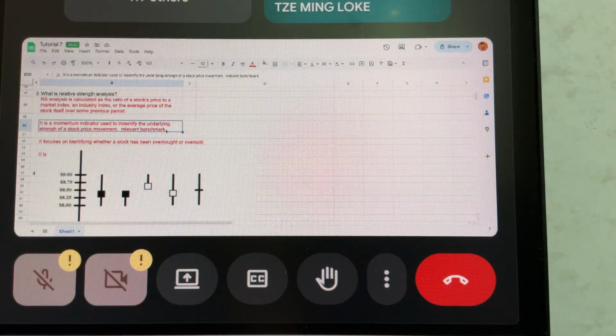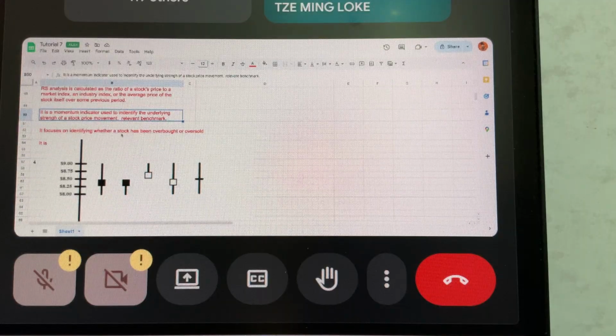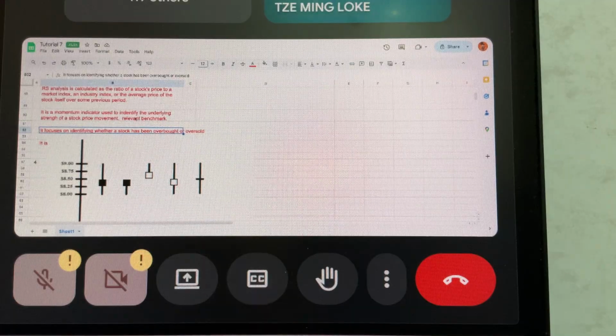So it is also known as a momentum indicator, meaning it indicates how fast the price is going, whether there's still momentum or strength or not. It is used to identify the underlying strength of the stock price movement, and focuses on identifying whether a stock has been overbought or oversold.